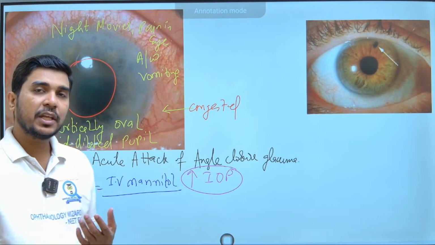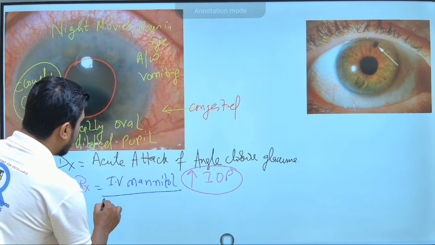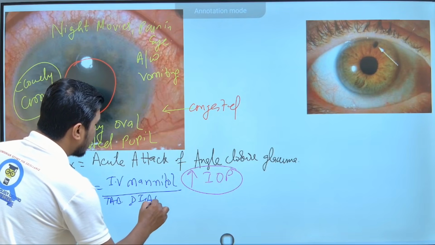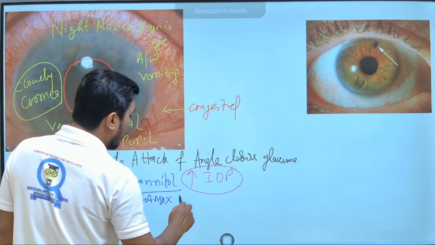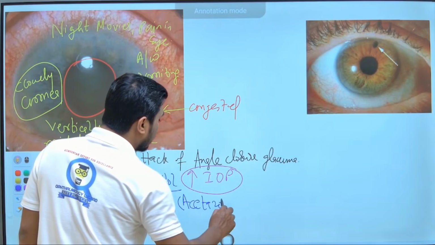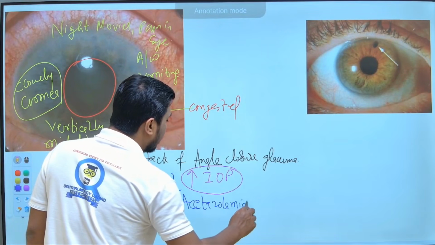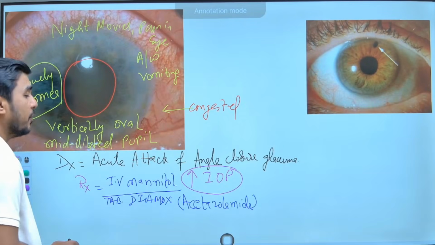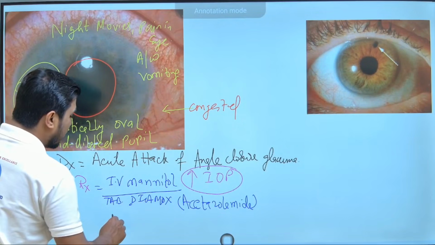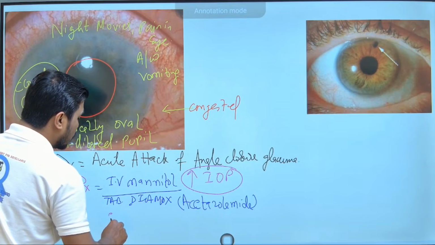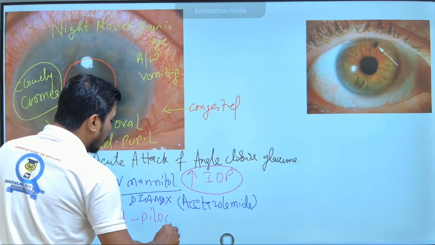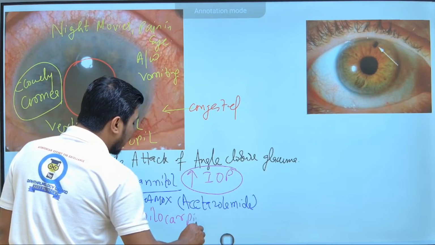The other thing that we can give here is tablet Dimox. What is this Dimox? It's a famous brand name. What does it contain? Acetazolamide, a sulfonamide group of drugs. And the third treatment that you can give is pilocarpine eye drops.